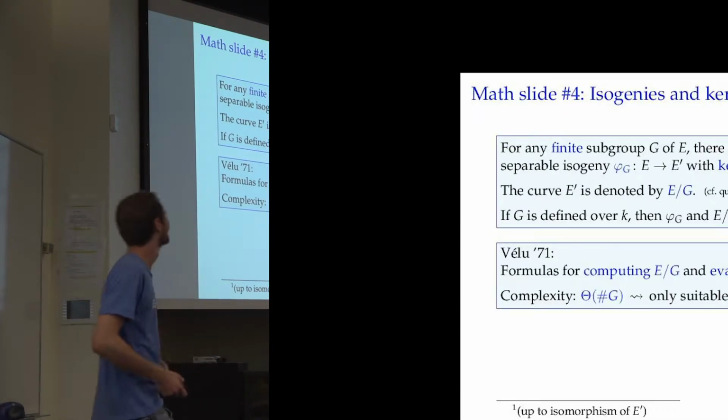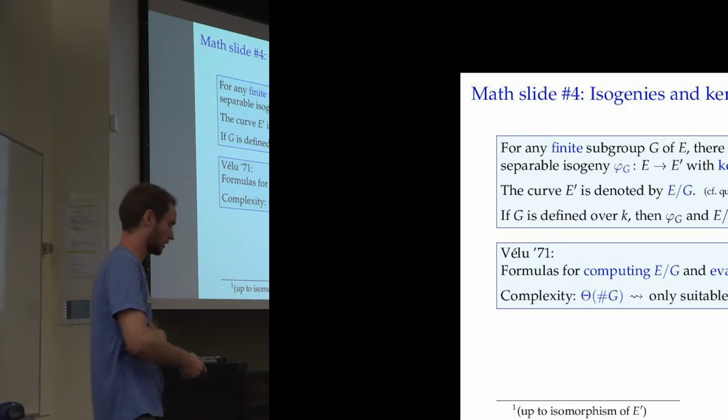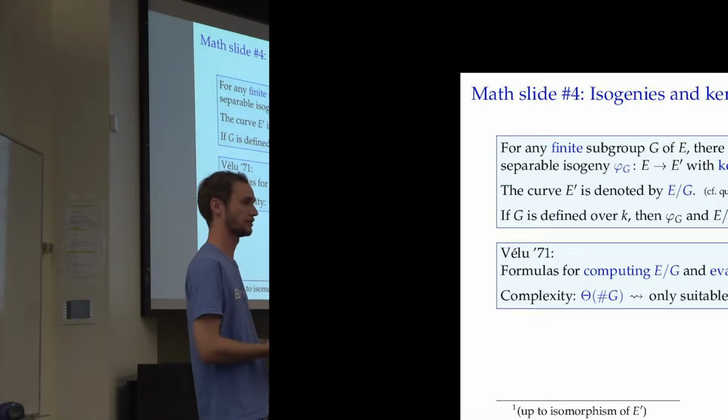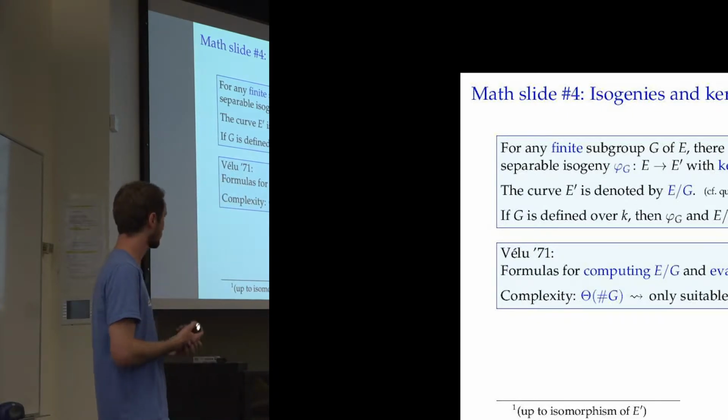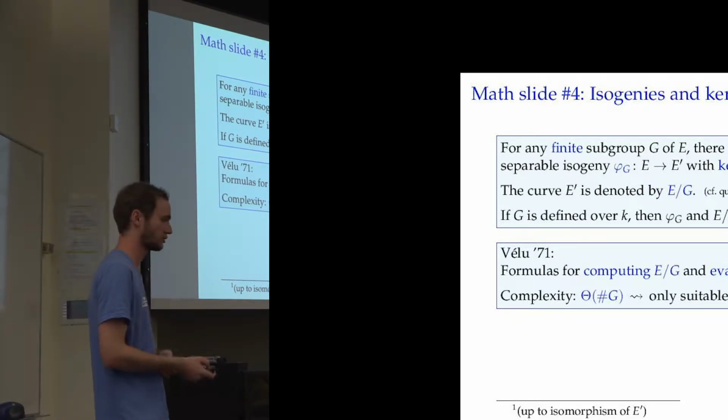Maybe now. Right. So Jacques Vélu in the 70s found formulas that give you an explicit description of this isogeny that we know exists abstractly. And yeah, the complexity is in the size of G, so you want to make sure these groups are kind of small.